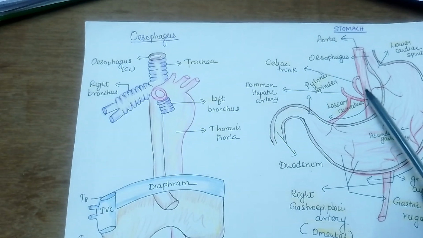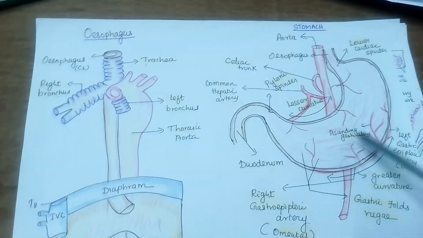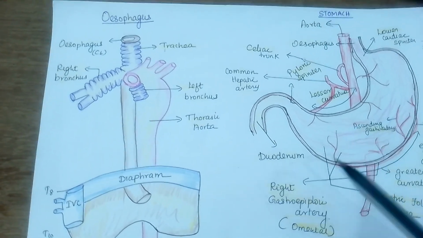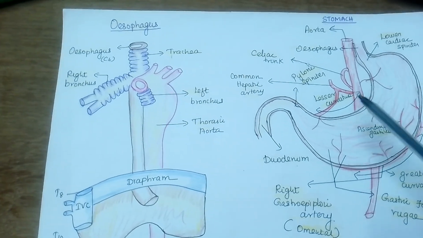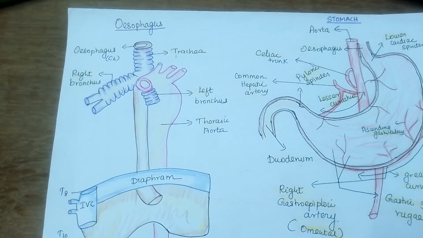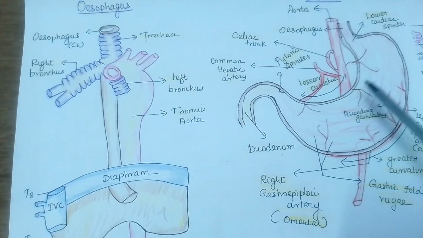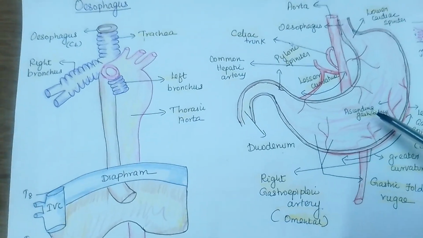You have to tell how the blood supply comes from the aorta through the celiac artery, and that it drains into the portal vein. Then the juices will be asked separately. Functions of gastric juice and functions of the stomach will be asked separately as physiology questions. Okay, next we will see about the small intestine.